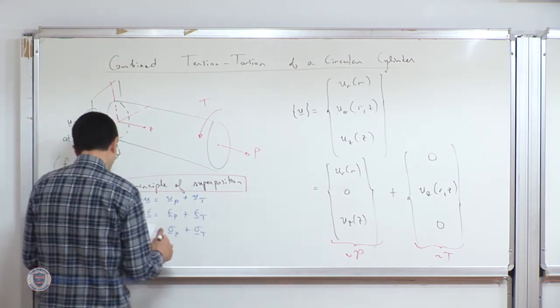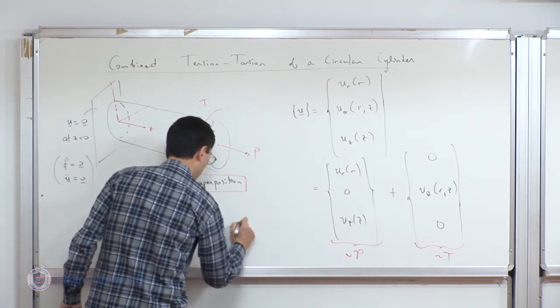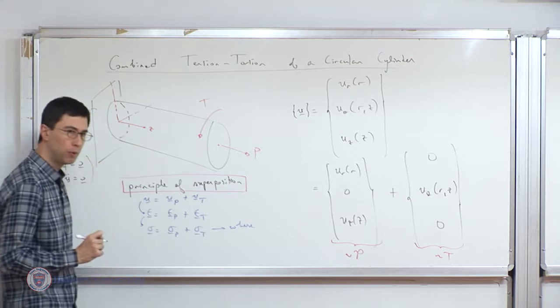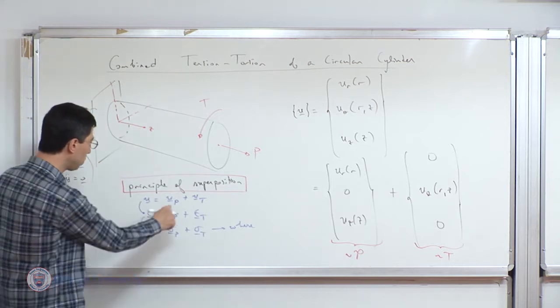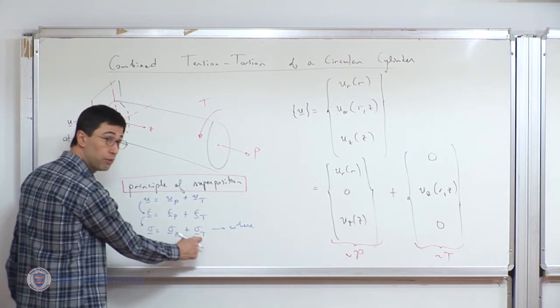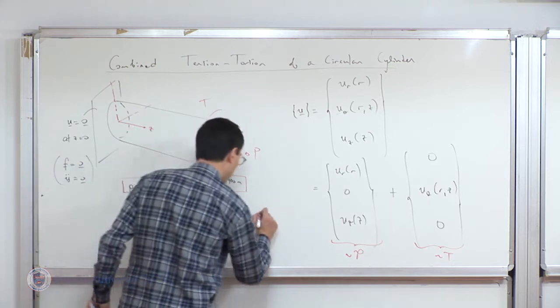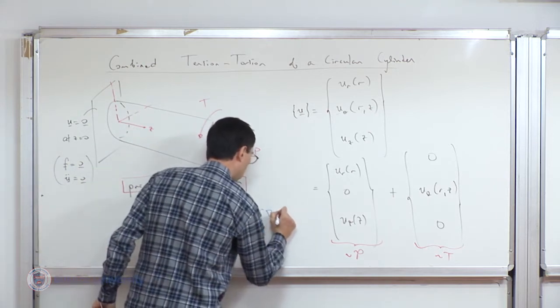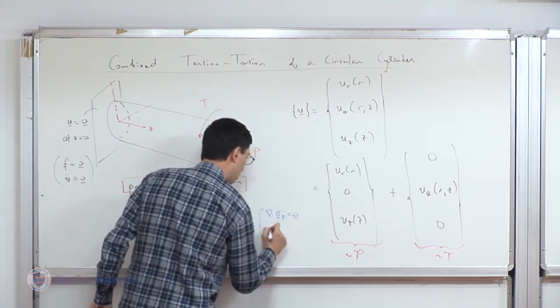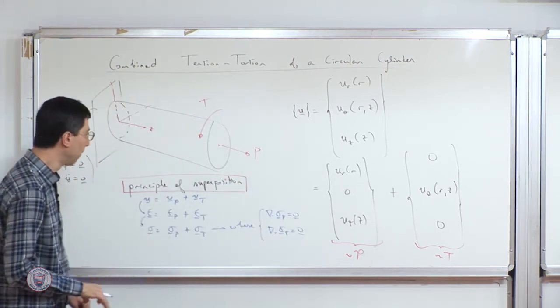And now we invoke equilibrium, right? Before I invoke equilibrium, I remember that these two individual solutions are such that these two individual stresses under these conditions are both divergence free. So divergence of sigma p is equal to 0, and divergence of sigma t is equal to 0.